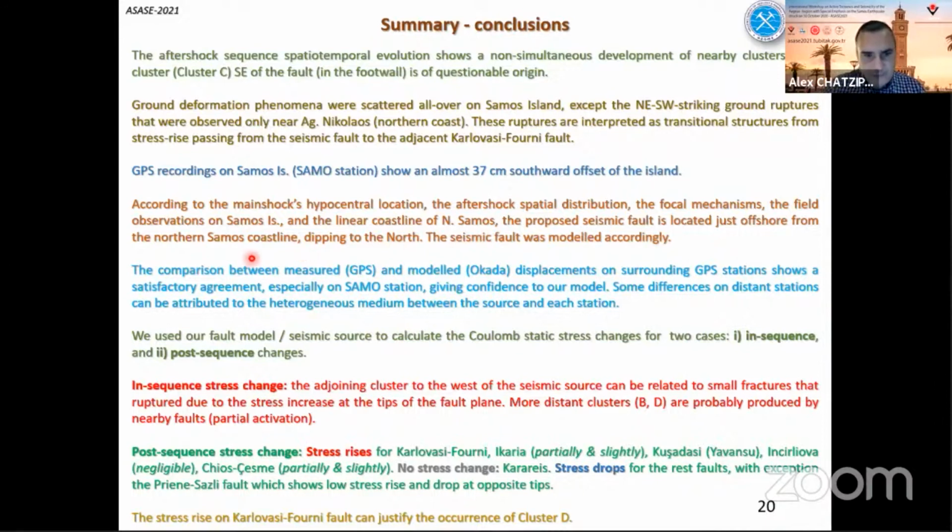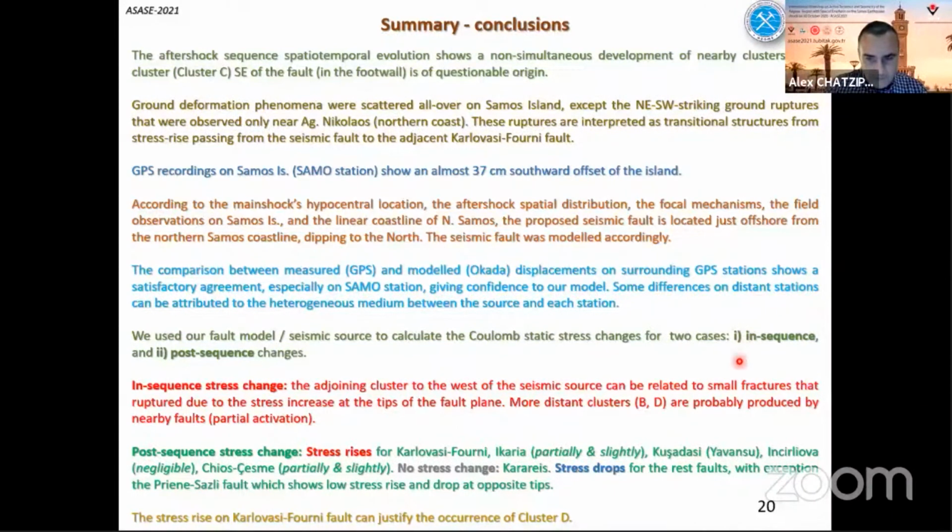The proposed fault is along the northern Samos coastline. We propose an east-west structure dipping to the north. And this is consistent with the modeling, of course with its limitations, with Okada displacement models, and the GPS values are all in agreement with the proposed fault.